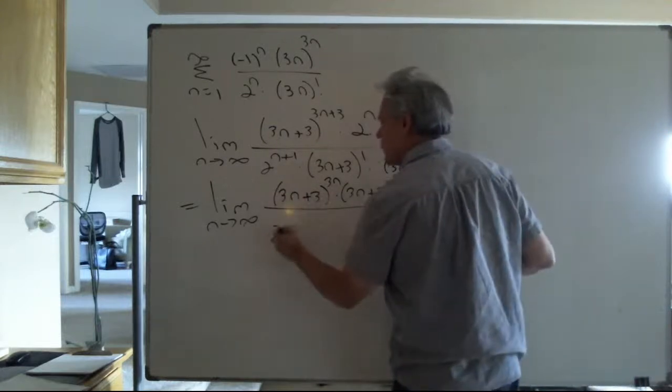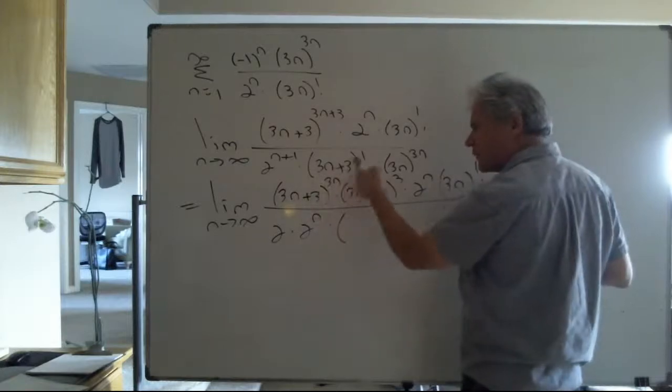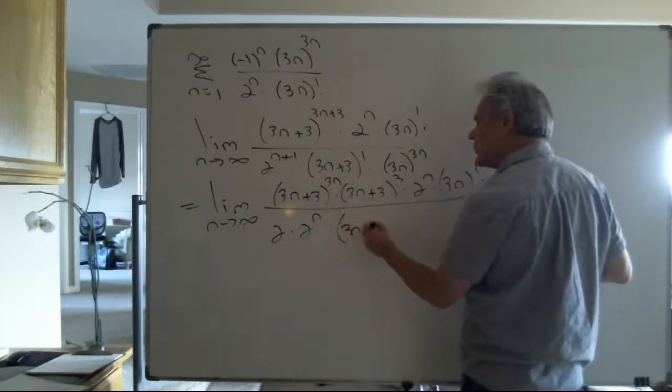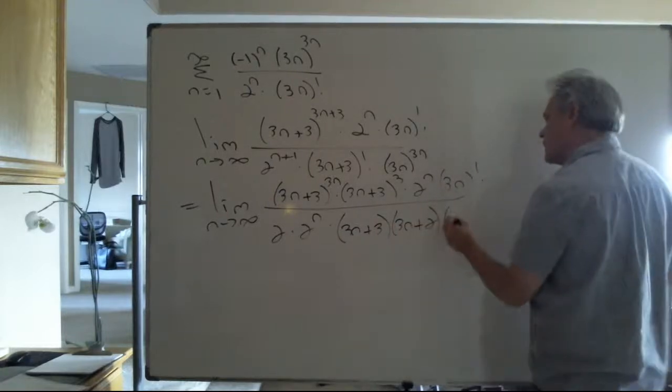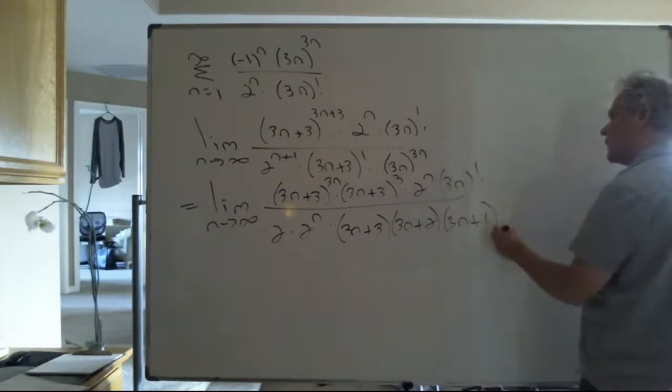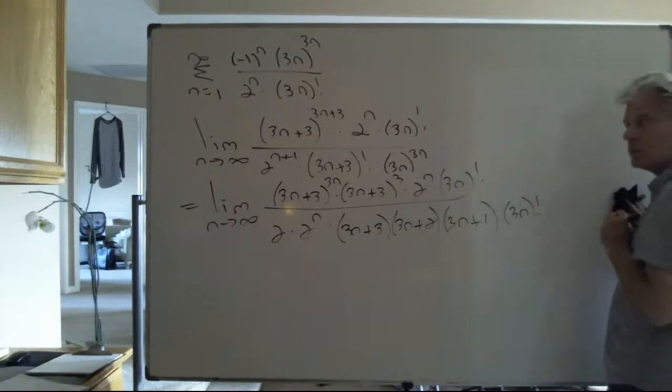Splitting this up. Splitting that up, because 3n plus 3 factorial is 3n plus 3 times 1 less than it, times 1 less than it, times 1 less than it, and then keep going down to 1.